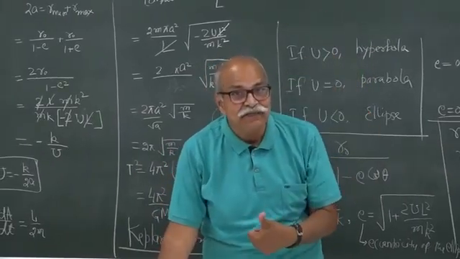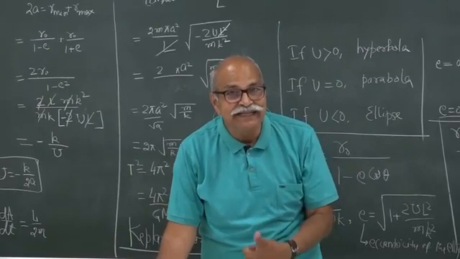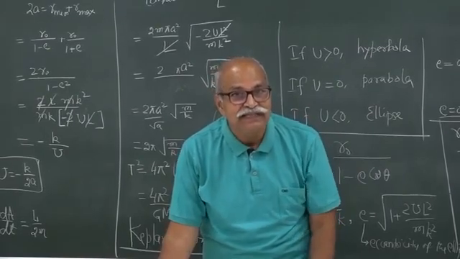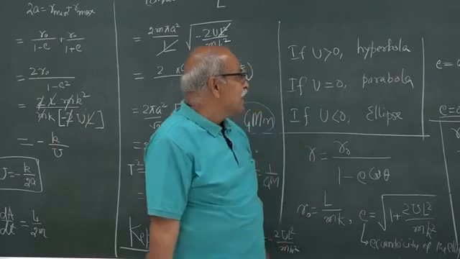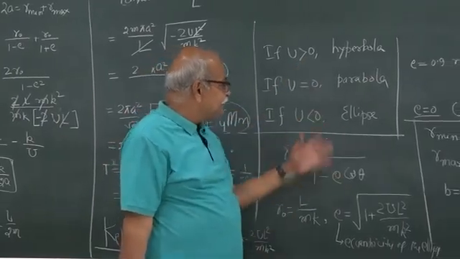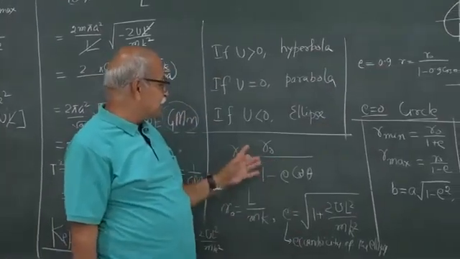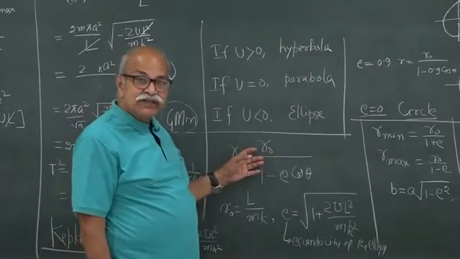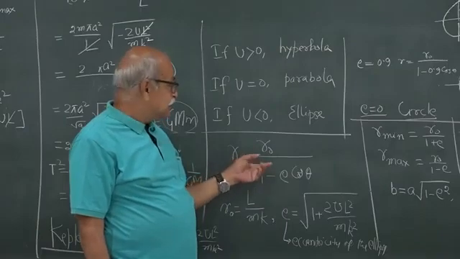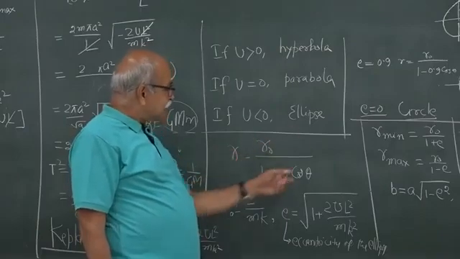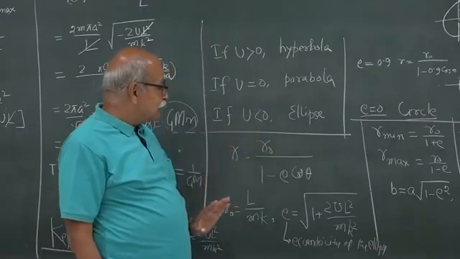The first law: all planets go in elliptical orbits with sun at one of the foci, and that we understand now using all that algebra. We know that yes, this is the equation of the ellipse, and therefore, the planet has to go on the ellipse and the sun will be at the focus.